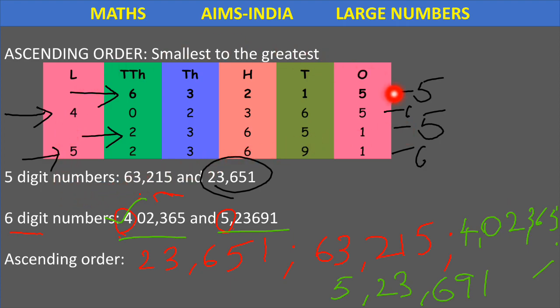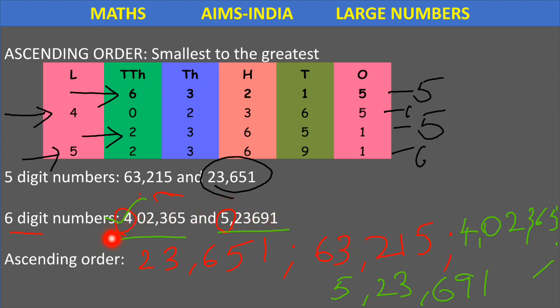First we placed the numbers in a place value chart, then we grouped them into 5-digit numbers and 6-digit numbers. As we know 5-digit numbers are smaller than 6-digit numbers, we first wrote the smallest 5-digit numbers. Which is the smaller number in these two? 23,651. So it is written in the first place, and then the other 5-digit number 63,215.